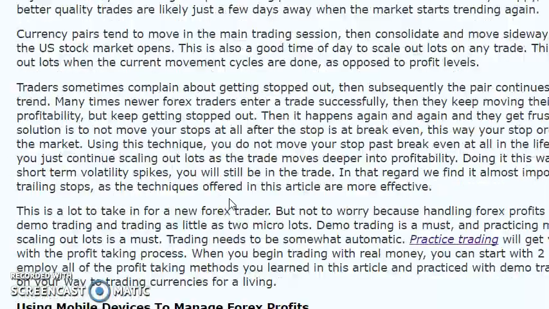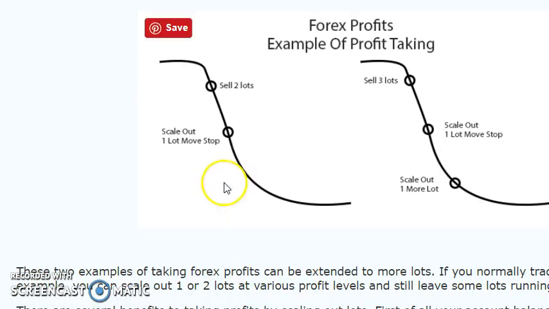So as you start to get really good at trading, and if you're using these techniques, if you sell a particular pair and you sell 3, 4, 5 lots, and this pair is trending down on the higher time frames like the W1 time frame or the MN time frame, you're going to scale out some lots here and here, and then you'll still have 1 lot running.